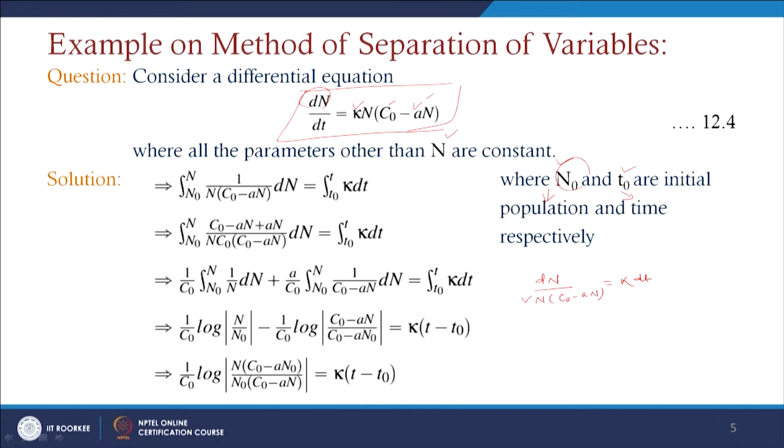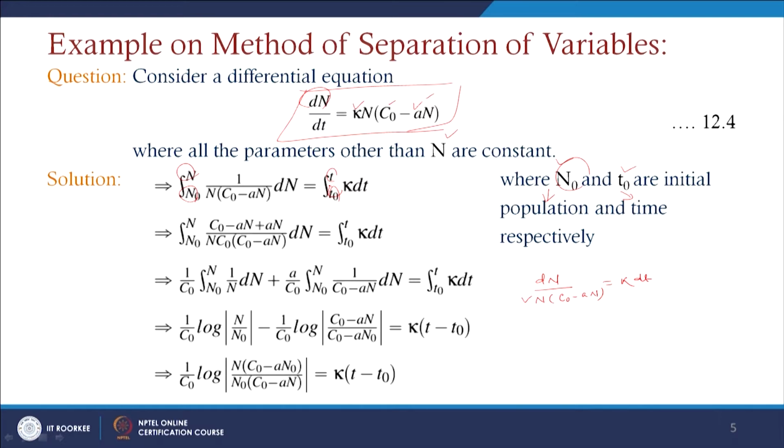Then we integrate this. Since N0 is the initial or starting value, going up to an arbitrary N value, and t0 is the initial time level and t is any arbitrary time level.